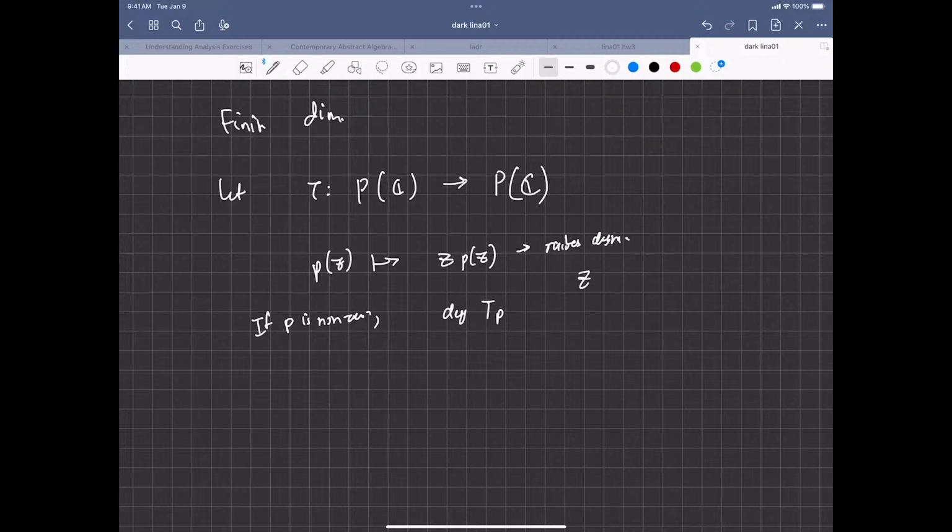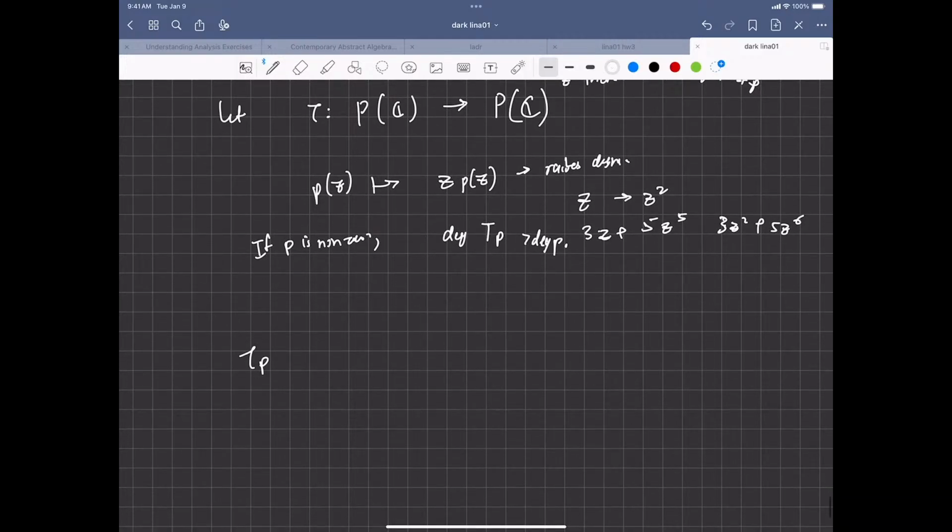For example, z itself gets mapped to z squared, or 3z plus 5z^5 becomes 3z squared plus 5z^6. So this operator increases the degree. If P is non-zero, the degree of T of P is greater than the degree of P.